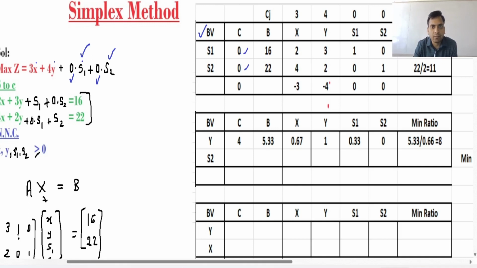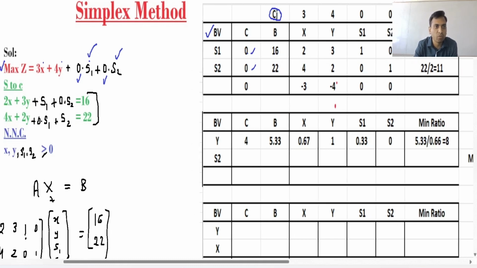And after that, we will write this Cj. Cj is the coefficient in the objective function. So in this objective function the coefficients are 3 for x, 4 for y, 0 for S1 and 0 for S2. So we will write 3 for x, 4 for y, 0 for S1 and 0 for S2.